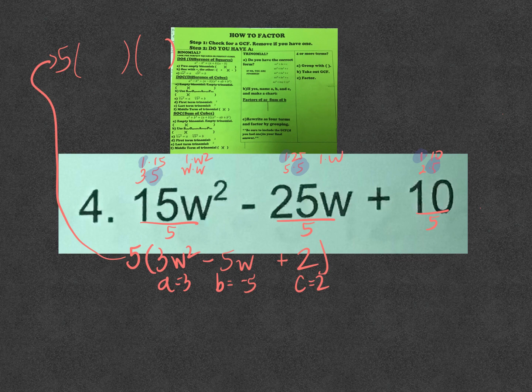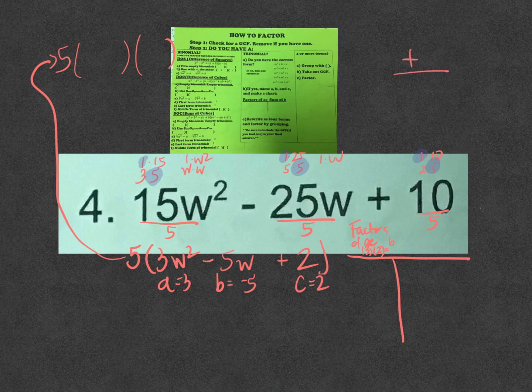Now I'm going to make my chart like it says there. I want factors of A times C. 3 times 2, which is 6. Factors of 6. So again, I have to think about it. I want factors of positive 6.